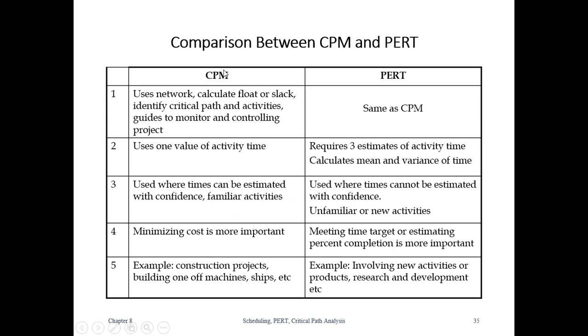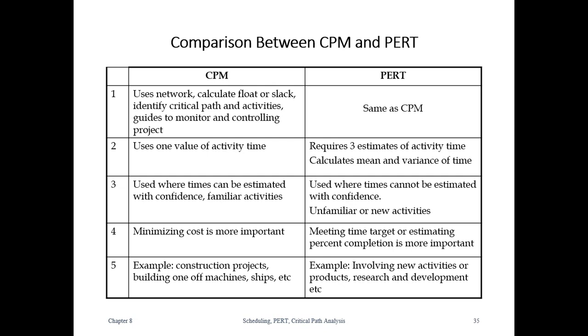Now, the main purpose of CPM is to minimize the cost. So when there is cost minimization, we normally go for the CPM network. But PERT is normally for meeting the time target, or it helps us to find out the percentage chance of completion of a particular project. At the end of the PERT analysis, we'll be able to tell what percentage chance there is that a particular project can be completed within a specific time.